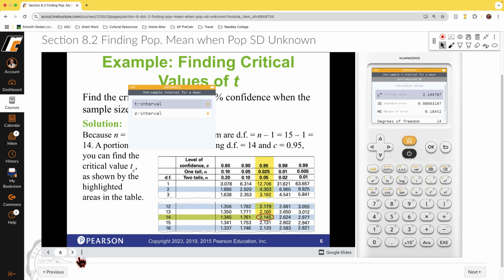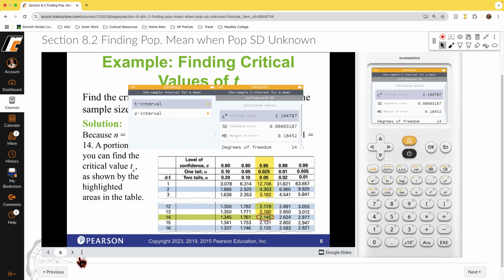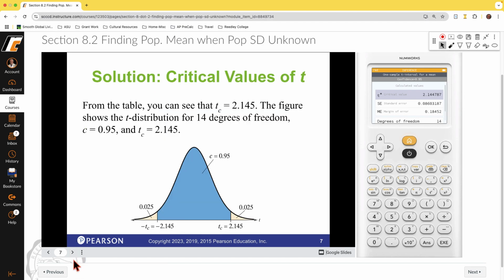Okay, so t interval, and we can enter the details as far as the size of the sample, and we'll be able to look that up if need be. Once we enter the sample mean and the sample standard deviation, we will also get the margin of error, the standard error, and be able to get the confidence interval.